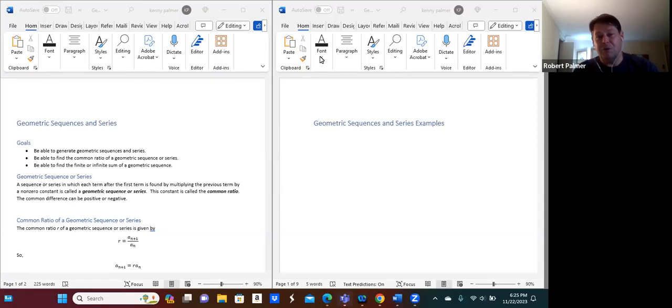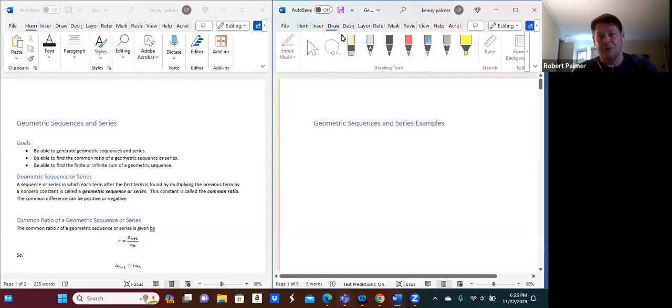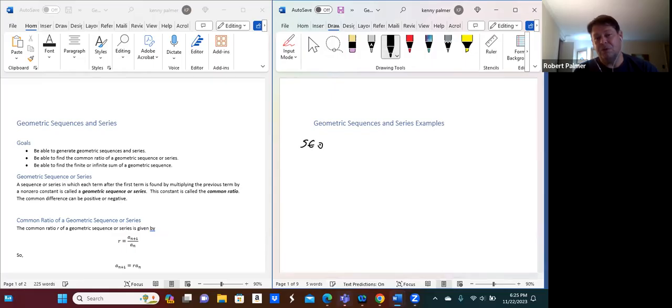Let's go over here to the right and review. Remember what a sequence is. It looks like this: we have some numbers, A1, A2, A3, going up to some number, AN.